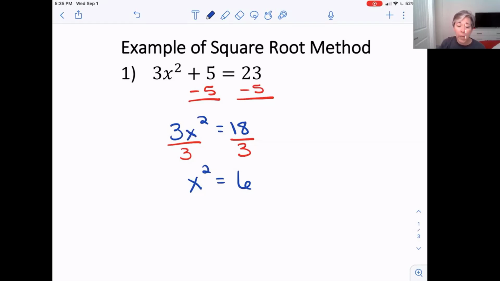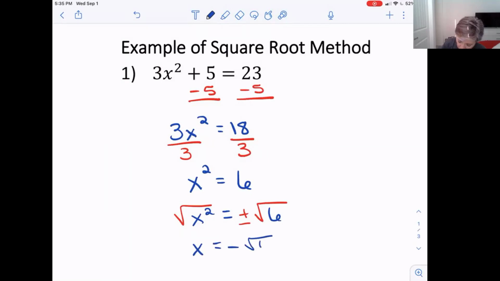To undo an x squared, its opposite operation is a square root. We can take the square root of the left side, but when we take the square root of the right, we have to consider both the positive and negative square root of 6. So x would be a negative square root of 6 and a positive square root of 6.